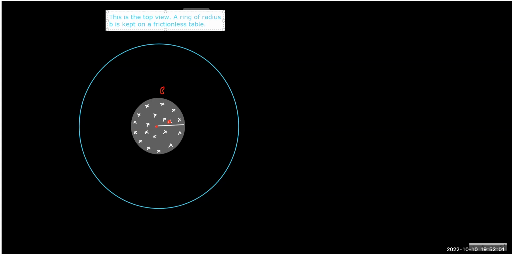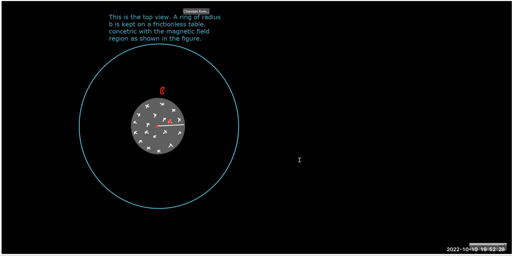A ring of radius B is kept on a frictionless table, concentric with the magnetic field region, as shown in the figure. Now, what is the question?